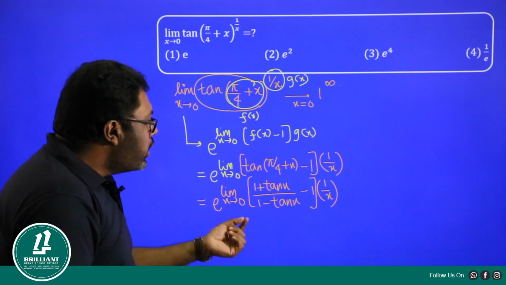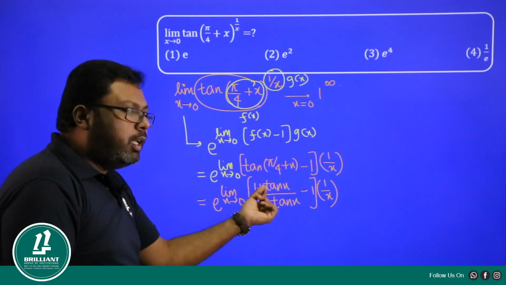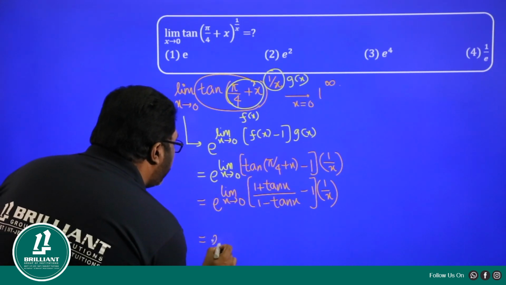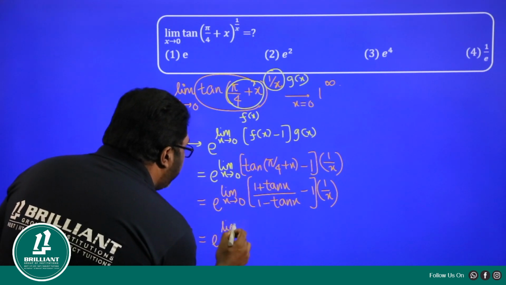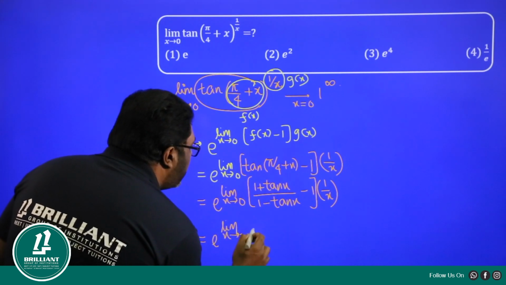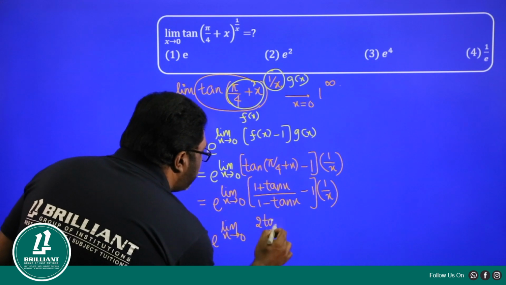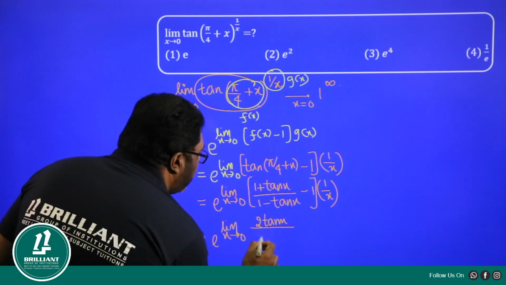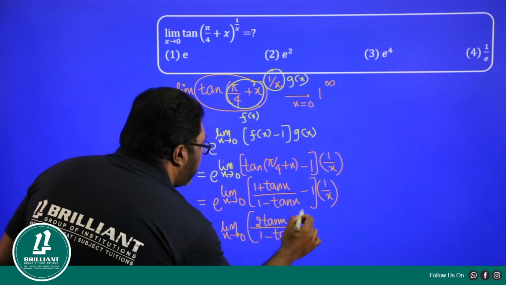Now if you simplify this, applying the LCM method, this further becomes e raised to limit x tends to 0, 2 tan x by 1 minus tan x into 1 by x.